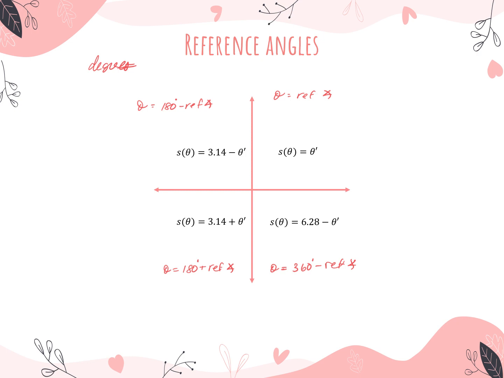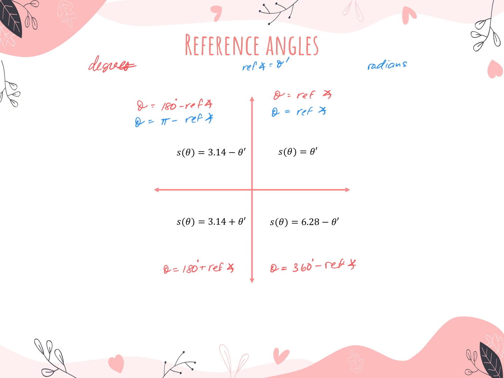Now, if we're talking about radians, then we know that theta in radians is going to be the reference angle. In quadrant 2, it's going to be pi minus the reference angle. The reference angle is also known as theta prime, but we just call it reference angle.